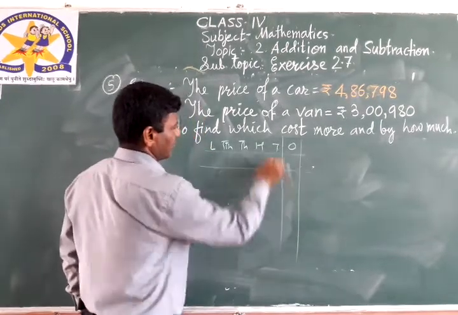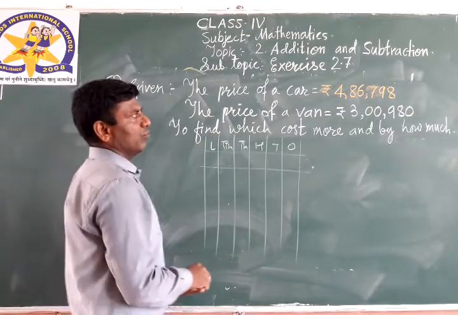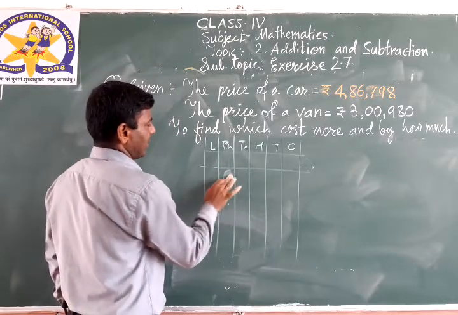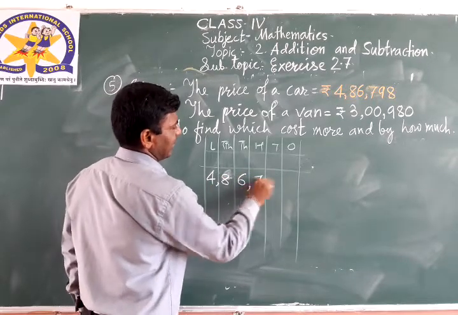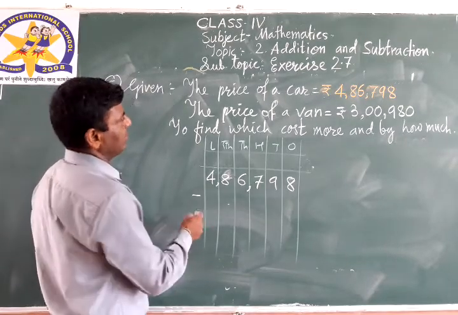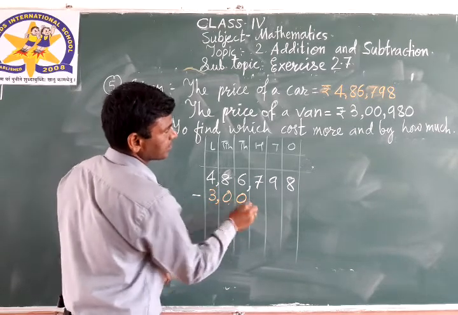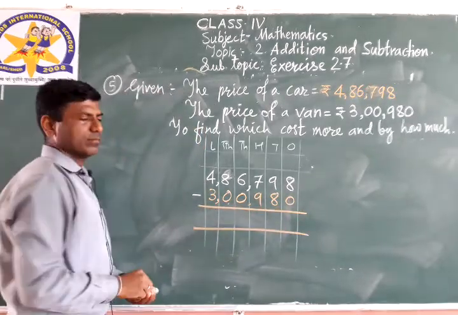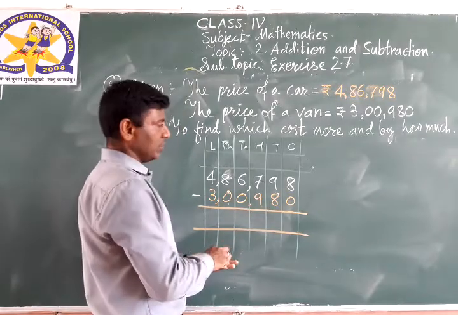Draw the columns properly with the help of a scale, ruler. Right? In the lakhs column, 4,86,798 minus the price of a van, 3,980. You will get how much the cost is more.